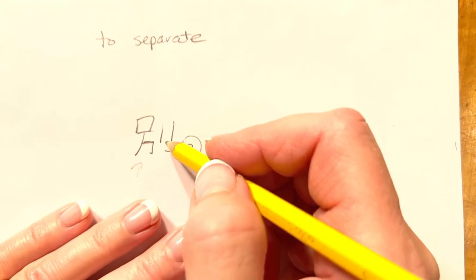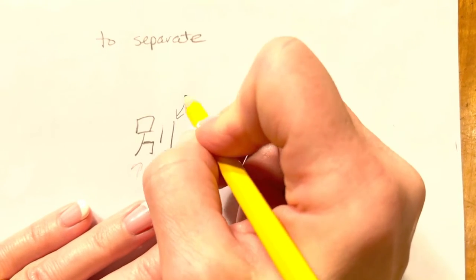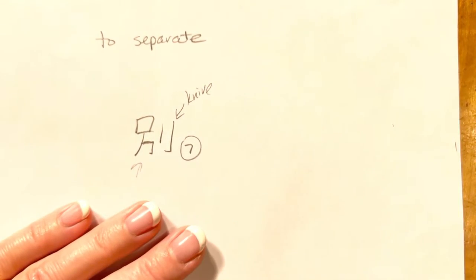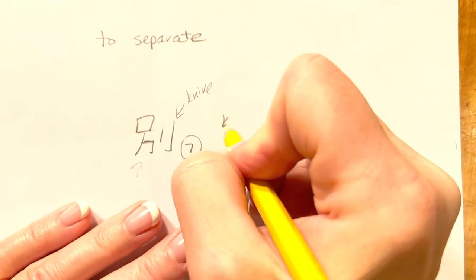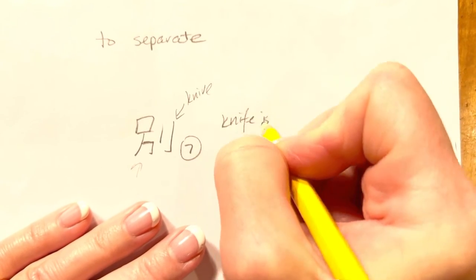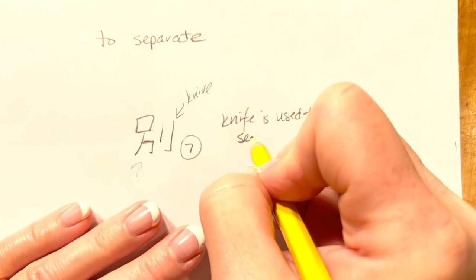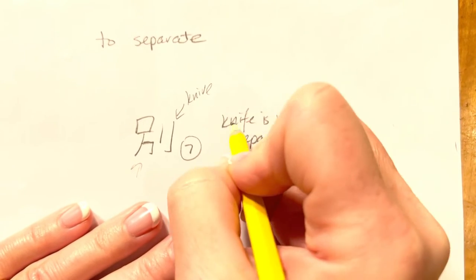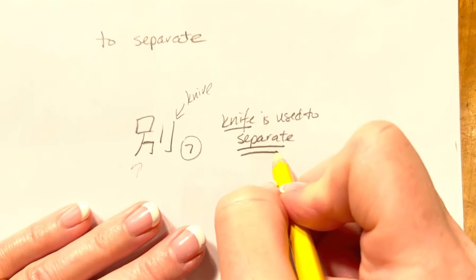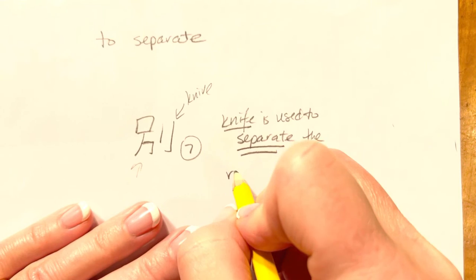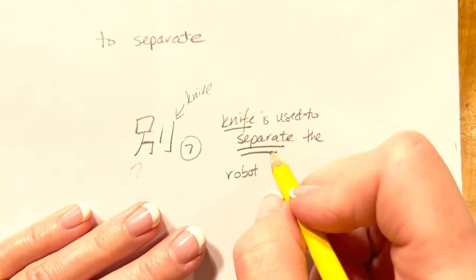So if we think about it that way, perhaps, and we know that this is knife, okay? So you know that that is kuchi for mouth, but it also could be head. So how about a knife is used to separate, since this is separate, we've got knife right there, it separates the robot's head from its arms.